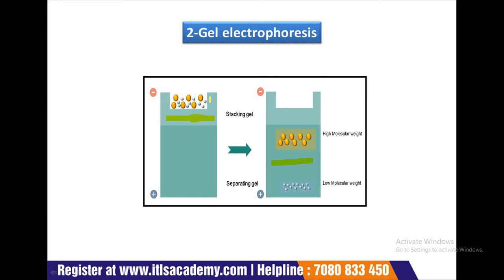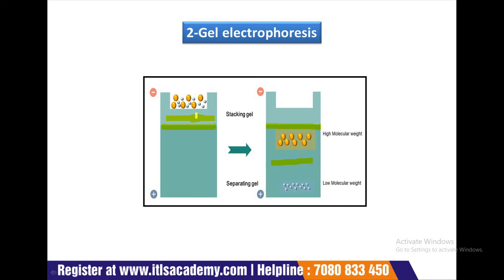The stacking gel is used to concentrate all proteins into one band, and the separating gel allows for separating proteins according to their molecular weight. So this is the difference.